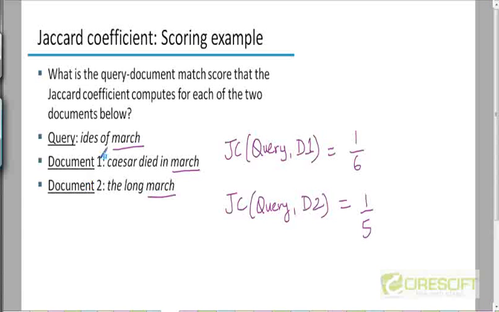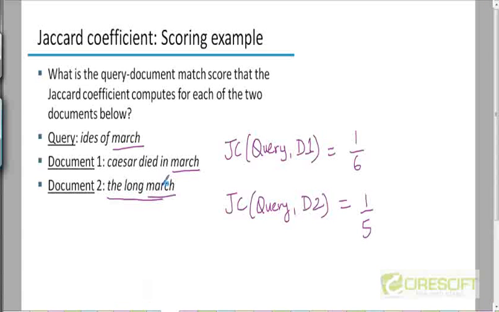The query is Ides of March. Document 1, yes, because Ides of March is typically the Roman phrase for the 15th of March, the day when Caesar died, and document 1 is referring to that event, whereas document 2 is referring to some other meaning of the word March.